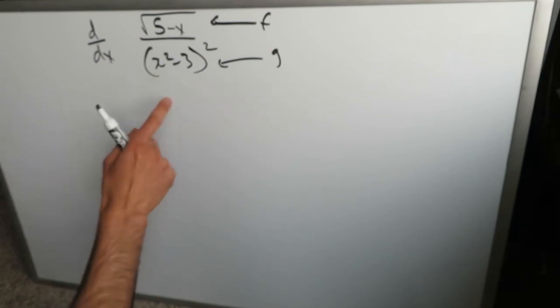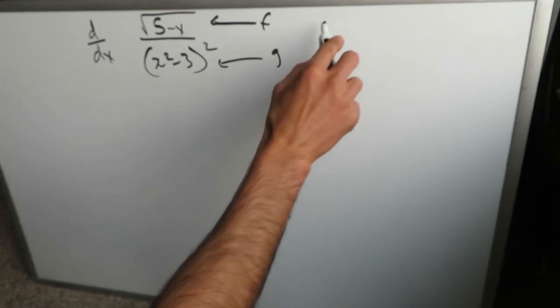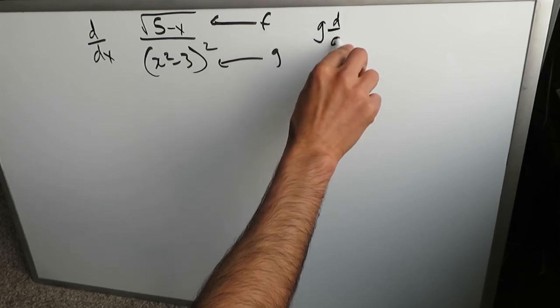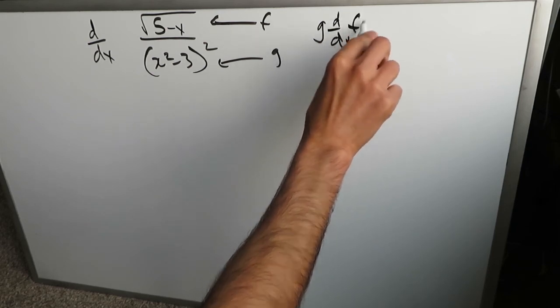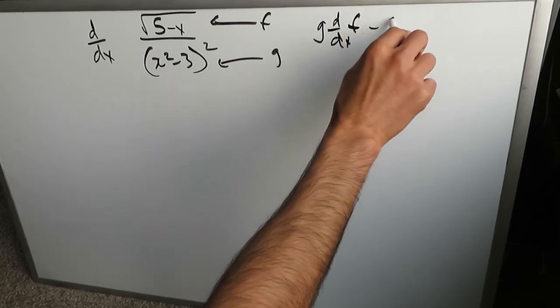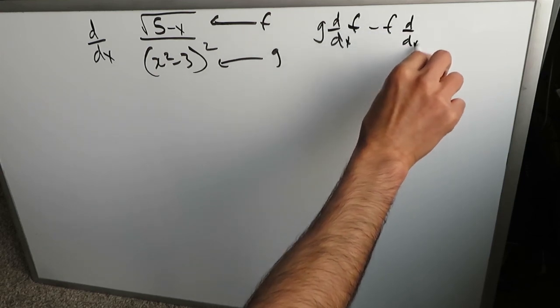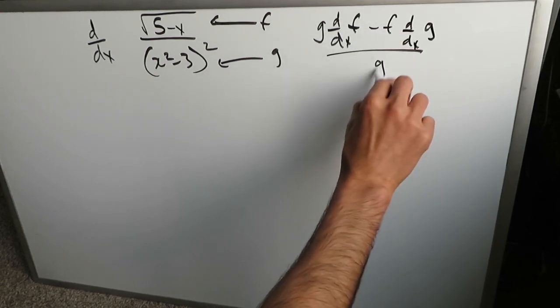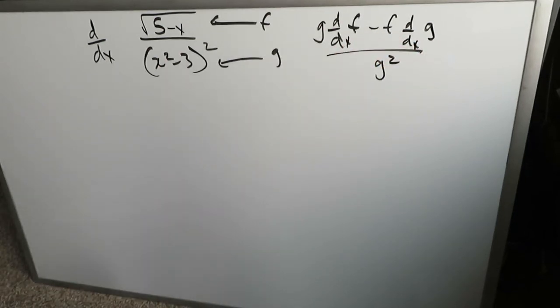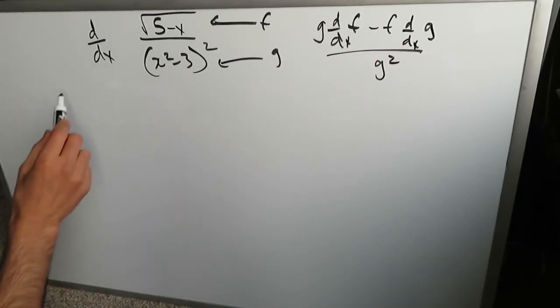So let's look over here. You know the formula for this will be just the g multiplied by the derivative with respect to x of f, minus f multiplied by the derivative with respect to x of g, all over g squared. And you know the chain rule will kick in at the appropriate steps. So let's do that.